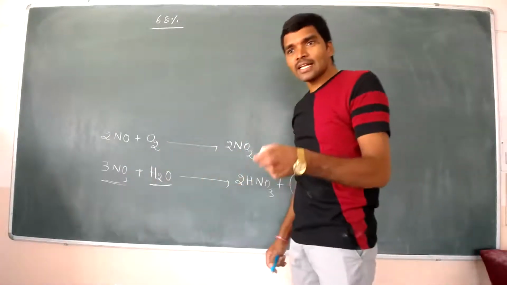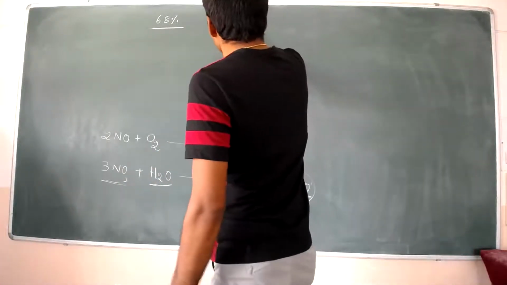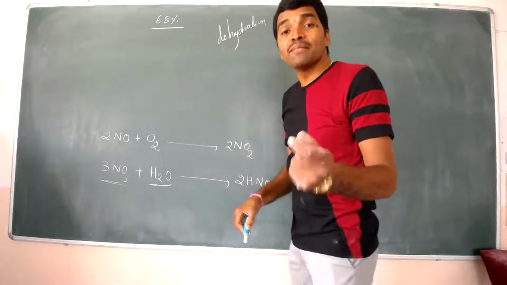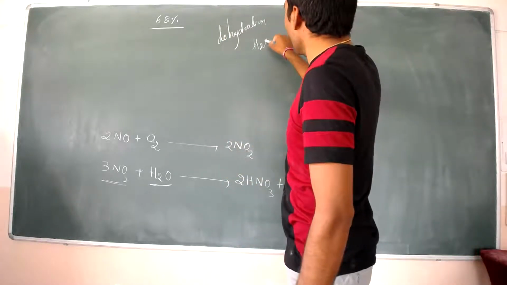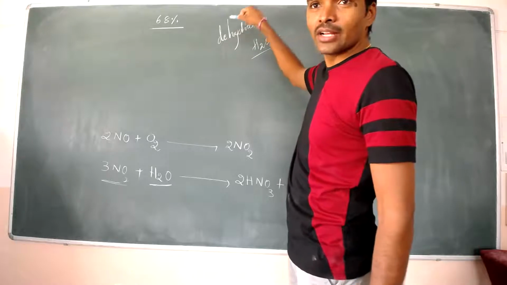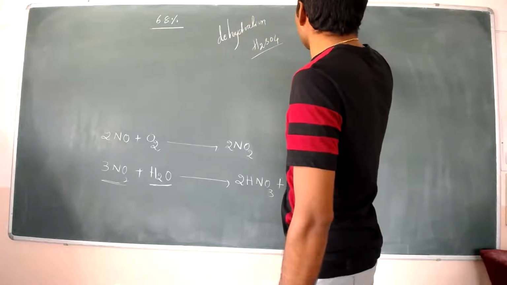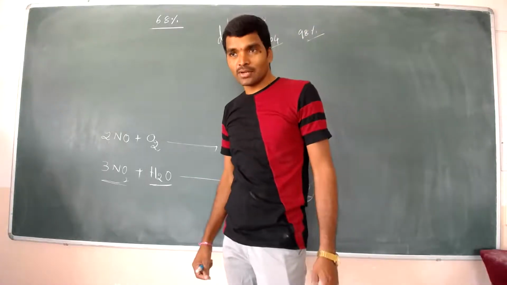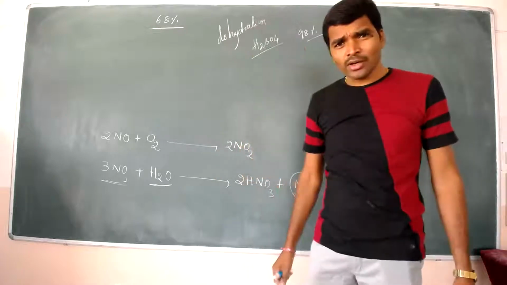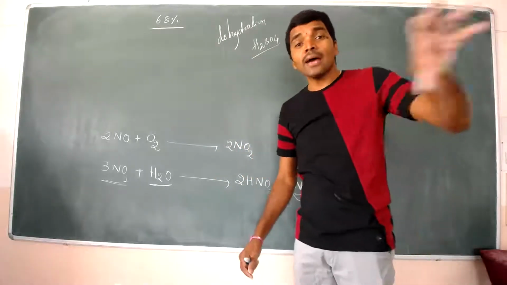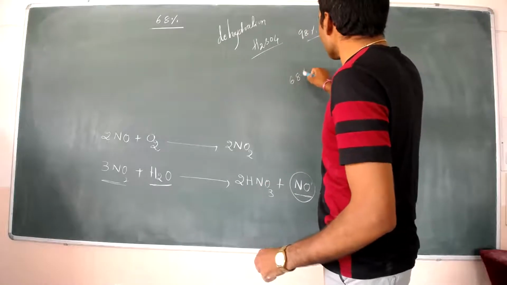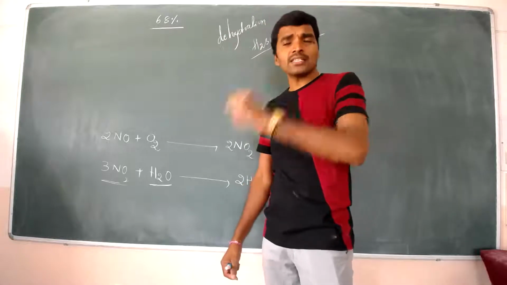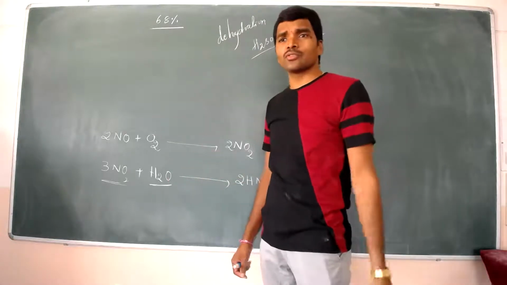The 68% nitric acid can be dehydrated by adding sulfuric acid, forming 98% nitric acid. But the important point is that in lab grade, only 68% nitric acid is used.